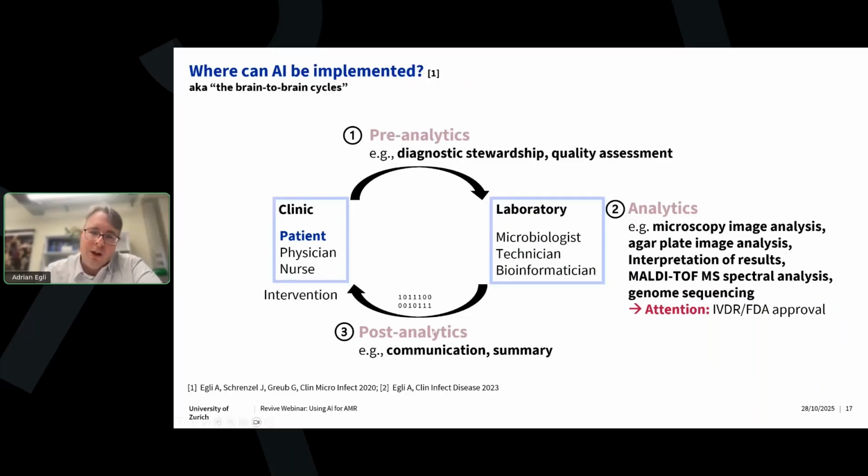And then communicating the results back, I also think, is a quite underestimated aspect of the lab. So using AI for communication, for example, breaking down the most important information in a very concise way, or explaining a complex lab result to a patient, that could also be used. And this circle I like to call the brain-to-brain cycle.